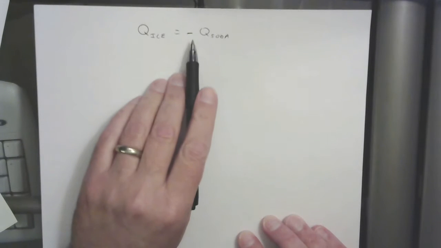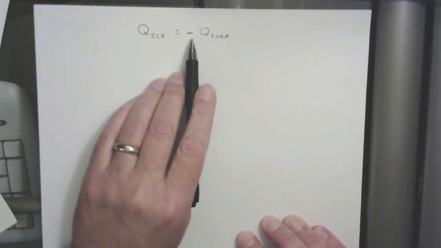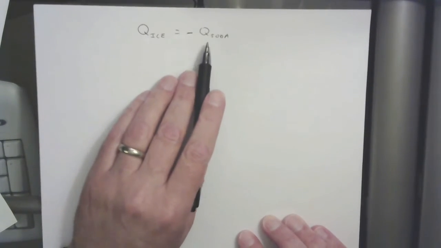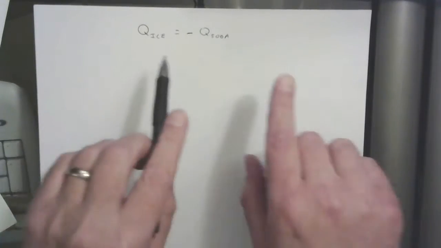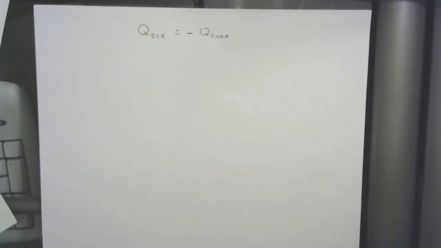And the most important part, of course, is this minus sign here. If you're thinking of the ice gaining heat from the soda, then the soda is losing heat. You could also do it this other way and put the minus sign on the other side. It's okay, you can multiply that by -1. That's fine.